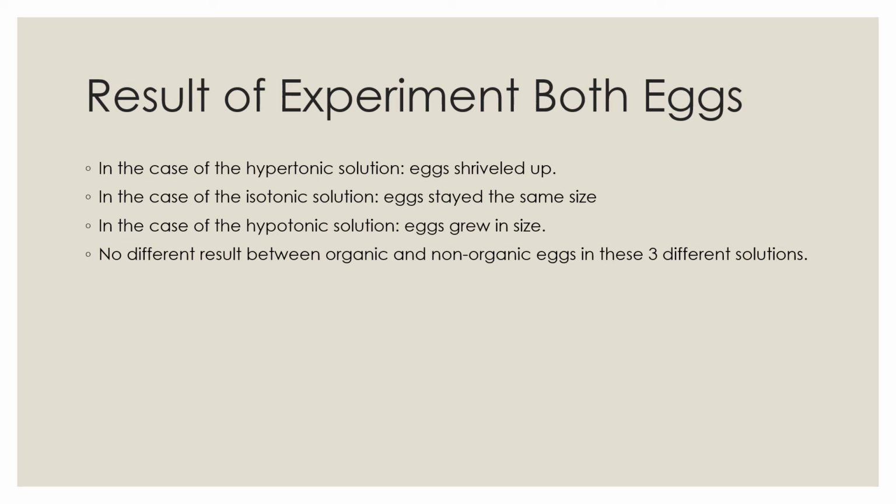In the hypertonic solution, eggs shrivel up. In the isotonic solution, eggs stay the same size. And lastly, in the hypotonic solution, eggs grew in size. Really, I still don't get why there is no difference between organic and non-organic eggs.